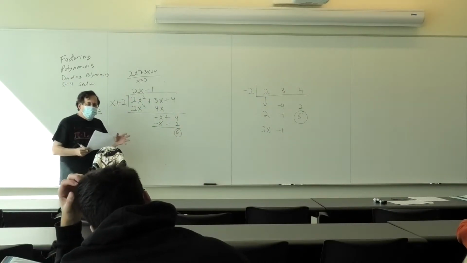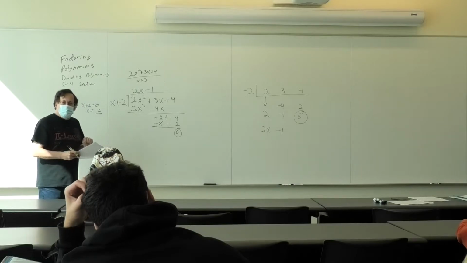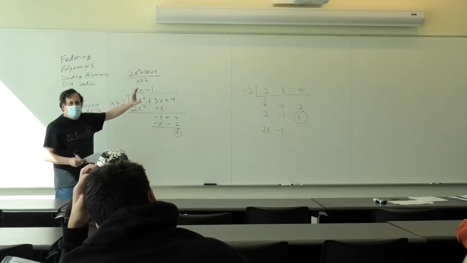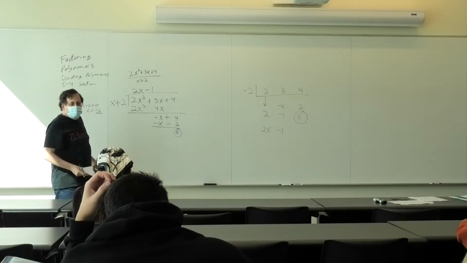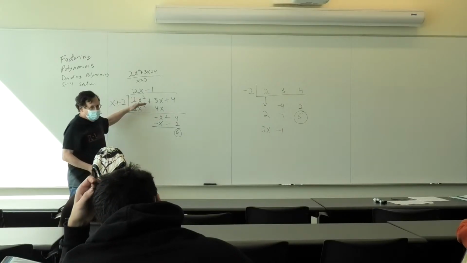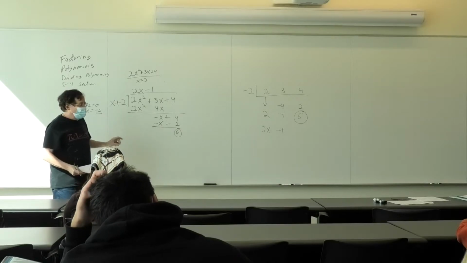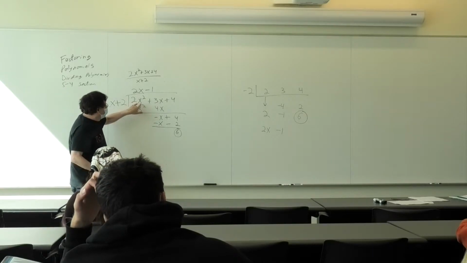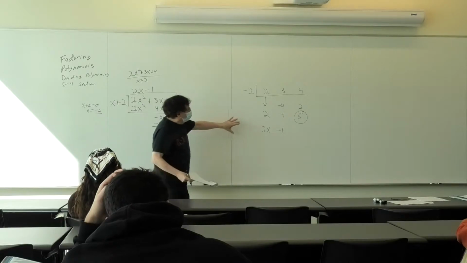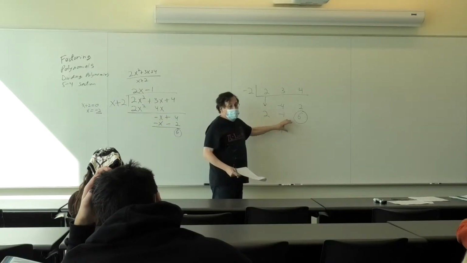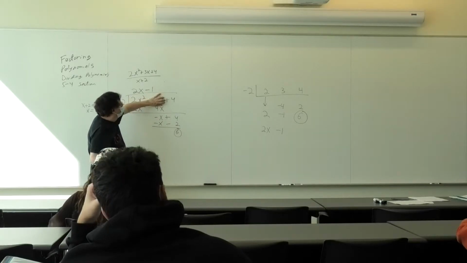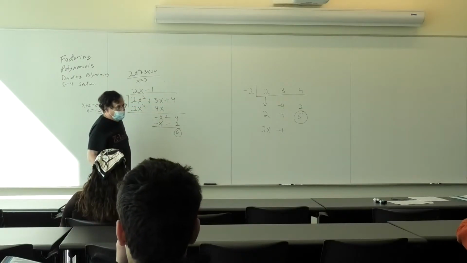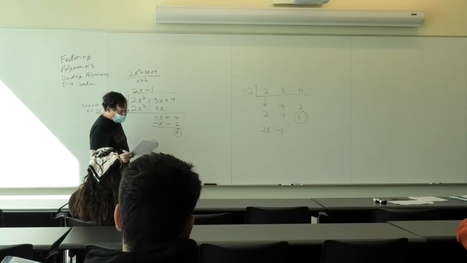It kind of seems like a magic trick. You do one thing here and another thing here and we get the same result. But in fact, we're doing the same thing. It's a little different. We don't have to deal with all these x's over here. We do have to be careful that we don't leave one out. Like if there's no 3x, you still need a 0 there, a placeholder.